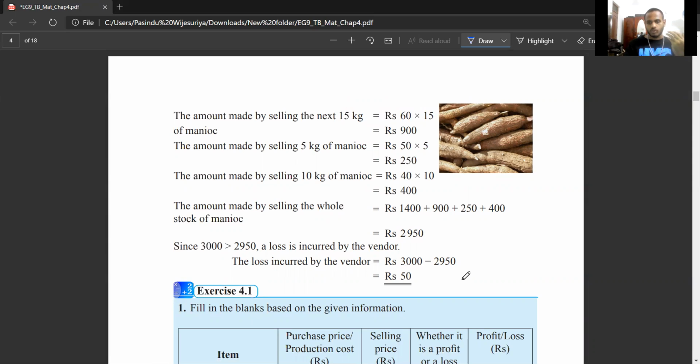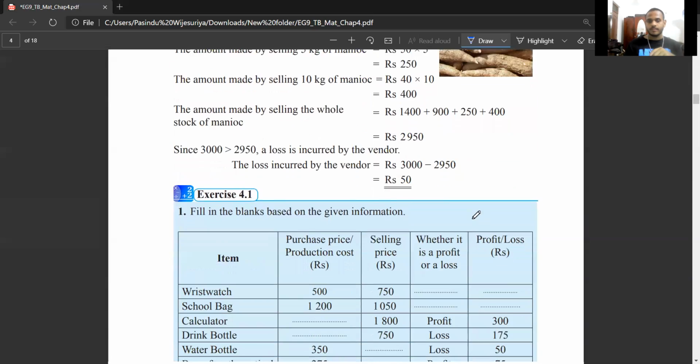When you consider the loss, you put the initial cost subtracted by the income you gained, and it will be a loss of rupees 50.